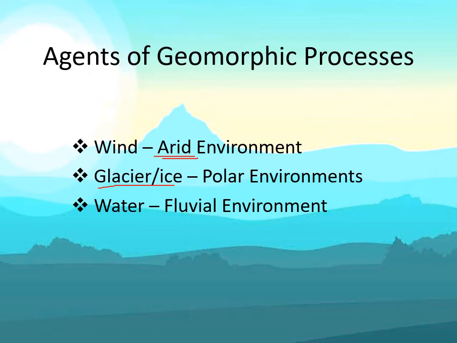So that is why I previously told you that the same natural agents can form different types of geomorphic features in different areas depending on the environmental setup, depending on the energy condition of that natural agent.